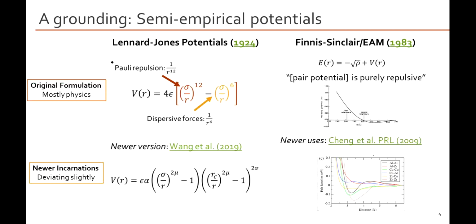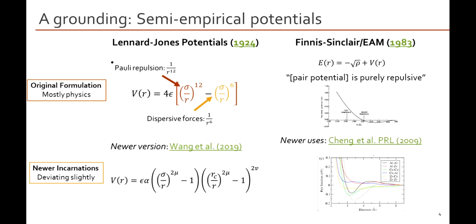And we know from theories like tight binding, this should be related to roughly the square root of the density, and that's exactly the term used in this model form. And if you follow that physics out, these pair potentials should be repulsive in nature, and from their original 1983 paper, you can see that they generally adhered to that physical intuition.